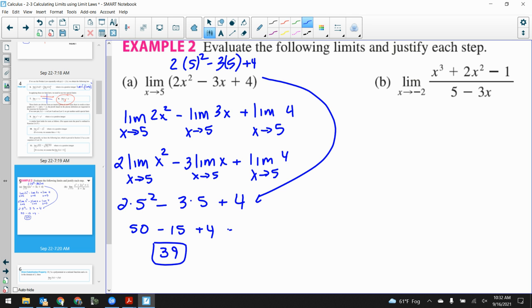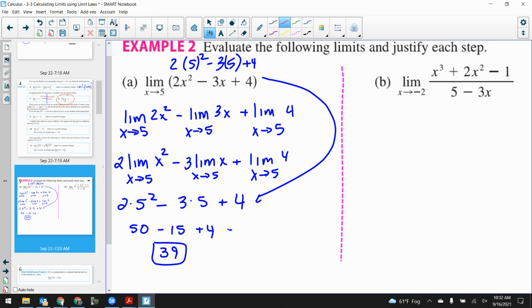Let's take a look and do the same thing for part B and really justify why those steps are true. Exactly the same as we did with our first one here. Okay, so the limit can be broken up numerator to denominator as long as the limit of the denominator is not 0. If I take the limit of the bottom and I plug that in, does it come out to be 0?